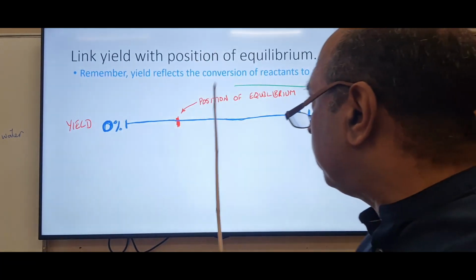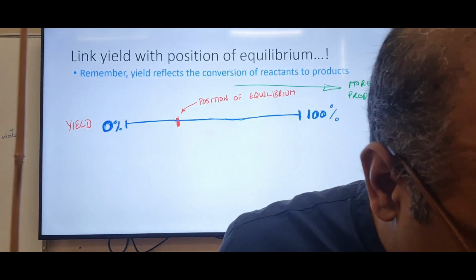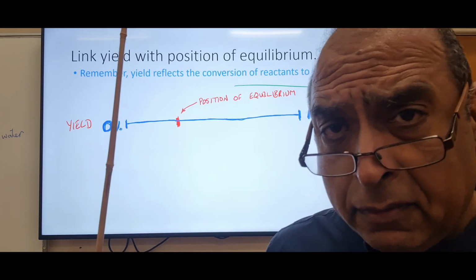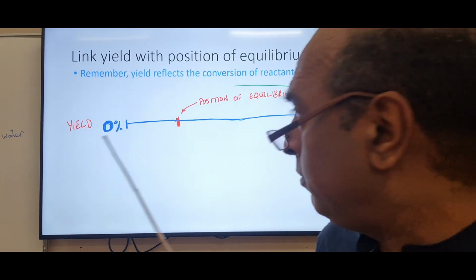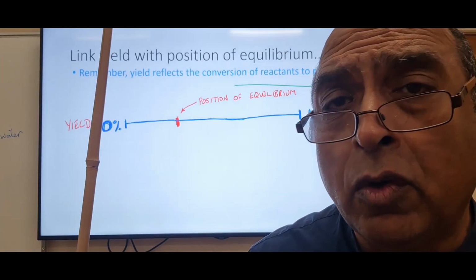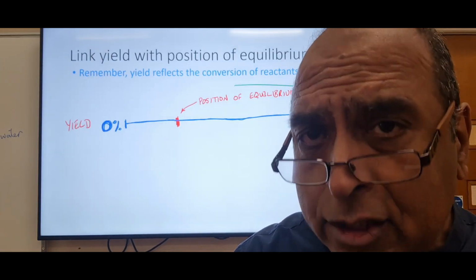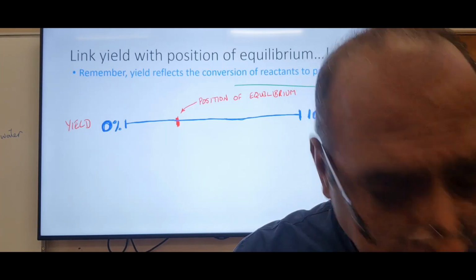And what if you've got a lower percentage? If the percentage is low, you get a smaller quantity of products made by the time you reach that position of equilibrium.